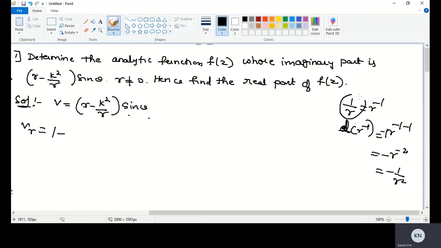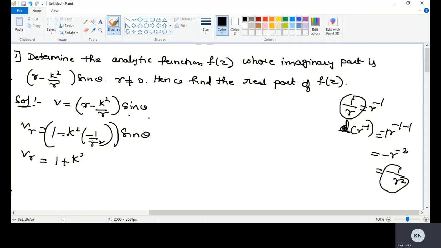Differentiation of 1 by r is minus 1 by r square. So here k square into minus 1 by r square, then close the bracket into sin theta. Then Vr is equal to 1 minus, minus times plus, k square by r square into sin theta.